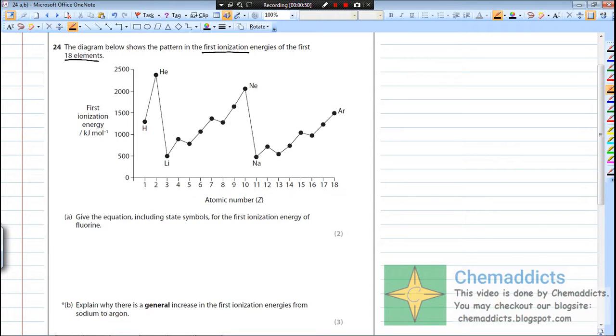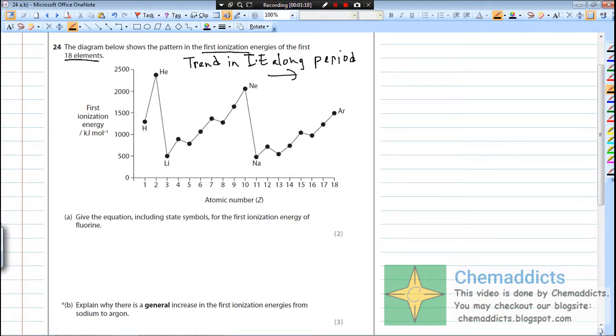along period. If we recall, this is the trend in ionization energy along the period.